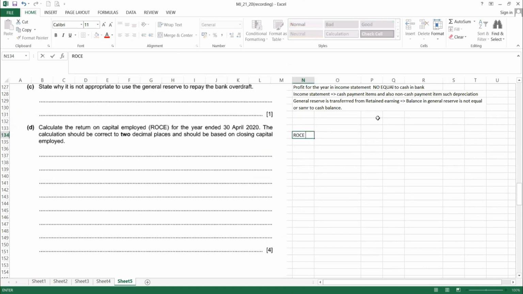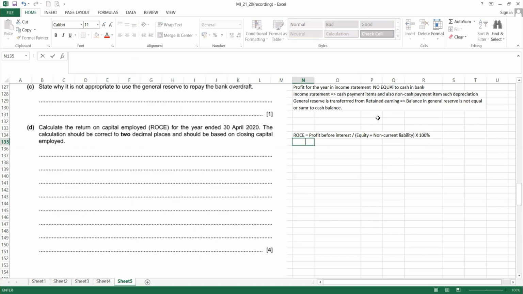ROCE: the formula is profit before interest divided by equity plus non-current liability, and then times 100%.